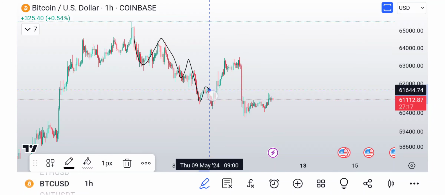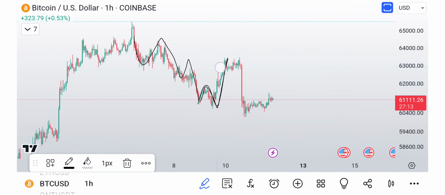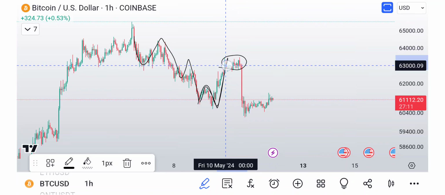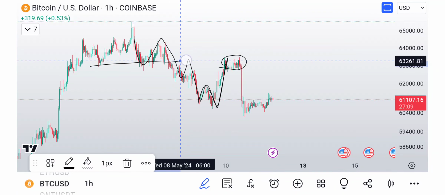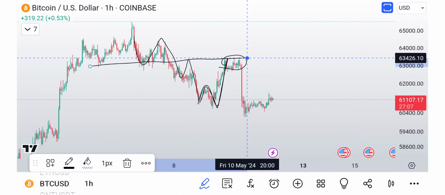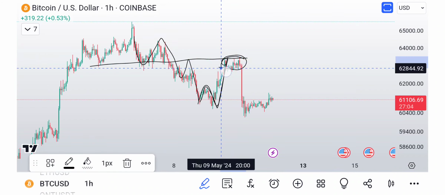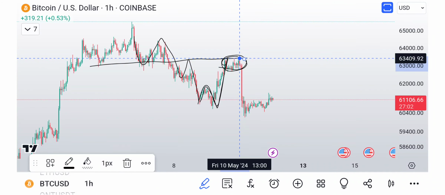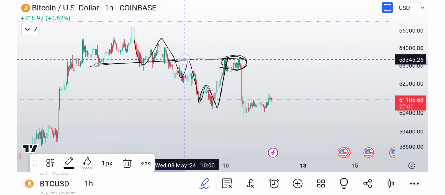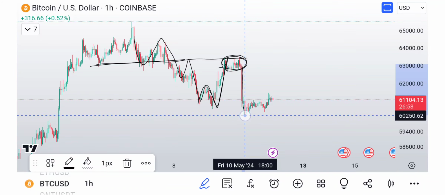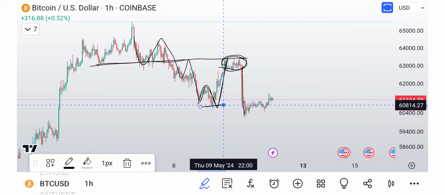And then we have an A, B, C. This is a flat, an expanded flat, right? We came up here in the retracement levels, right? We got rejected right in here. I believe that's the 618 or so. We couldn't get above this resistance, and then bam, we took it down and we broke this low, right?